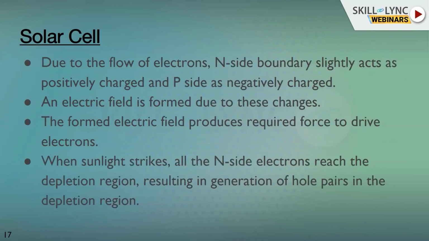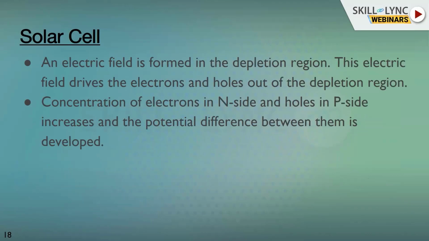When light strikes, the electrons try to flow from the n side to the p side. So it generates an electric loop and provides an electric field. The concentration of electrons at the n side and holes at the p side increases, and a potential difference is developed between them.